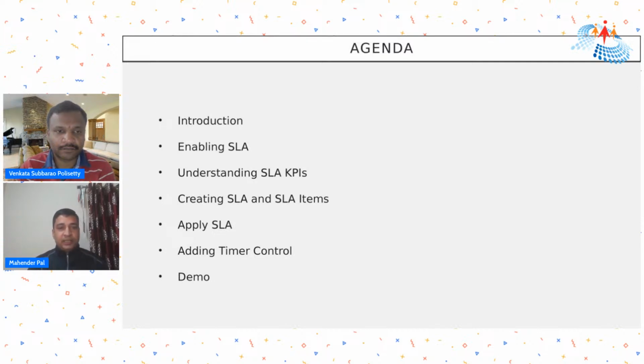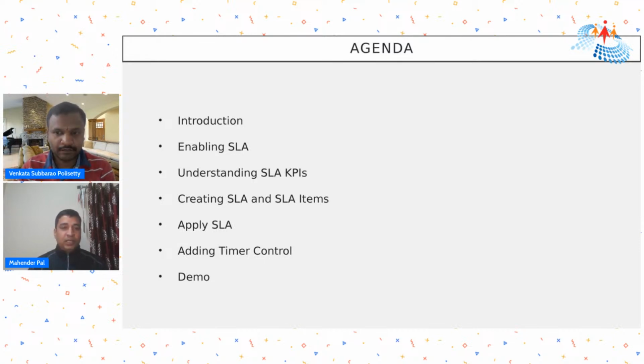Okay, so here is the agenda for today. We will start with the basic introduction to SLA. Today's complete session is based on the SLA, and then we will see how we can enable them. We will understand what the SLA KPIs are that track your SLA, and we will see how we can create SLA and SLA items, and how we can set up different conditions and actions.